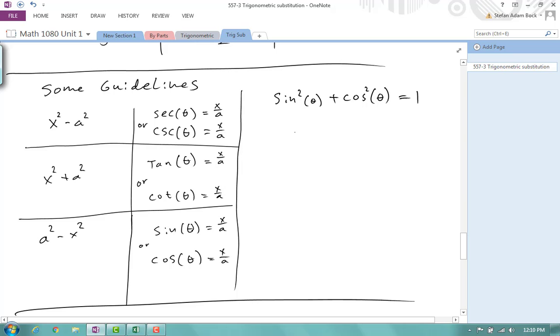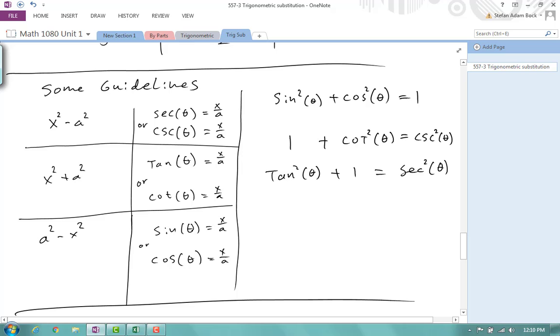Now if I divide both sides of this equation by sine squared, I'm going to get 1 plus cotangent squared of theta equals cosecant squared. And if I were to take the original and divide both sides by cosine squared, I would get tangent squared of theta plus 1 equals secant squared.